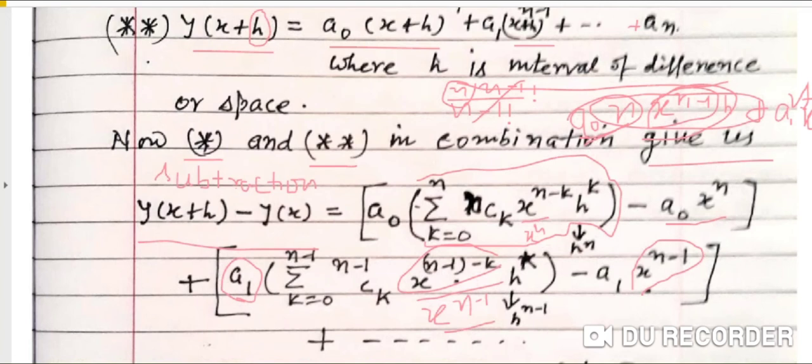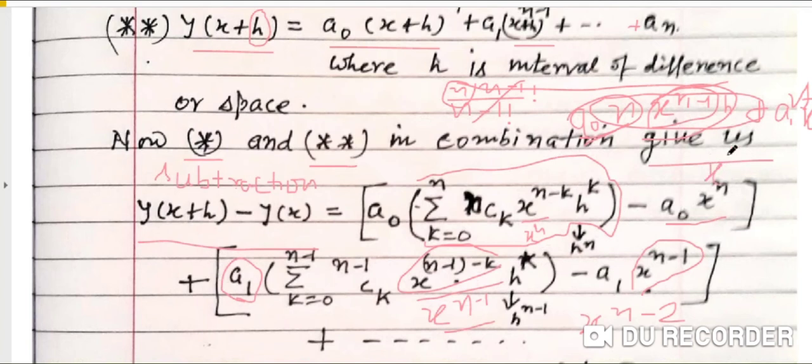But when you go for a2, the next term x n minus 2 will be cancelled. So this will give us x to the power n minus 2. This will start from here. This power of x will be cancelled. This will start from what?